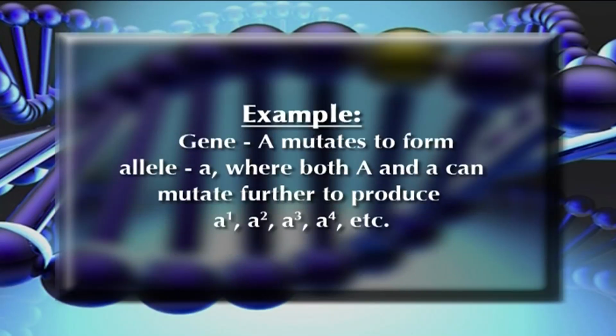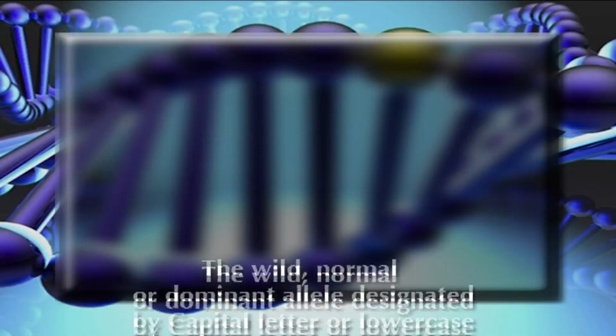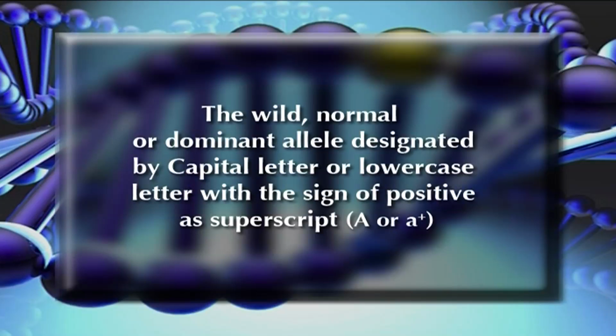The different alleles of a gene actually represent its mutant forms. For example, a gene A mutates to form allele a, where both A and a can mutate further to produce a1, a2, a3, a4, etc. The symbols employed for multiple alleles are slightly different. The wild, normal or dominant allele is designated by a capital or lowercase letter with the sign of positive as superscript, A or A+.